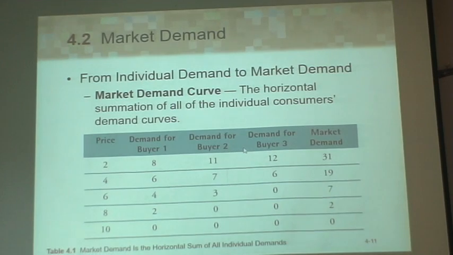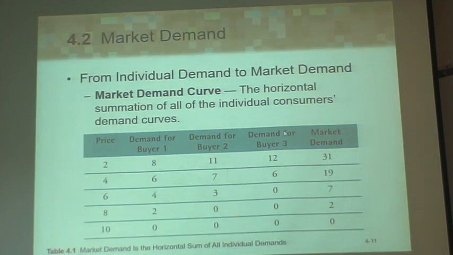Okay, market demand. It is kind of strange, but you should have talked about this in chapter 2 or chapter 3. But it discusses the market demand curve here. So we talked about how to get a market demand. Suppose you have buyers 1, 2, 3.